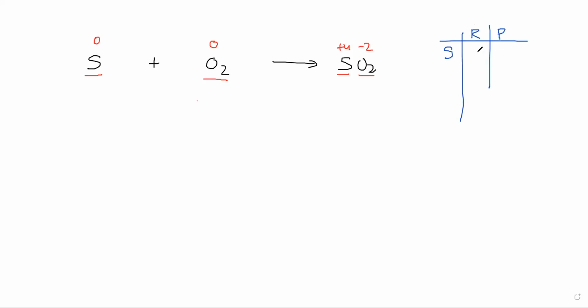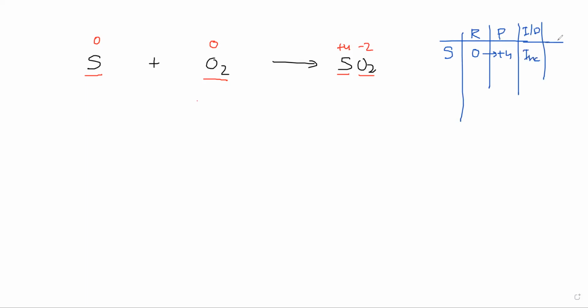In the reactant it is 0 and in the product +4. What's happening to the oxidation number of sulfur? Is it increasing or decreasing? Increasing.